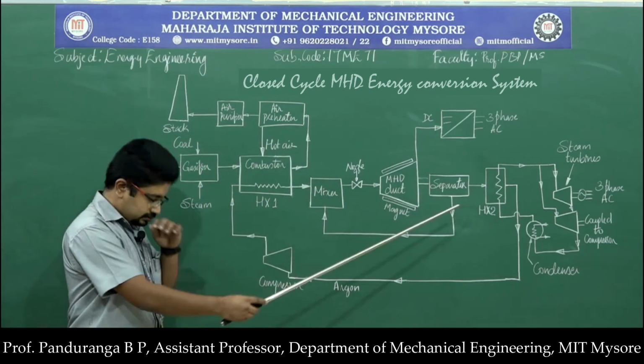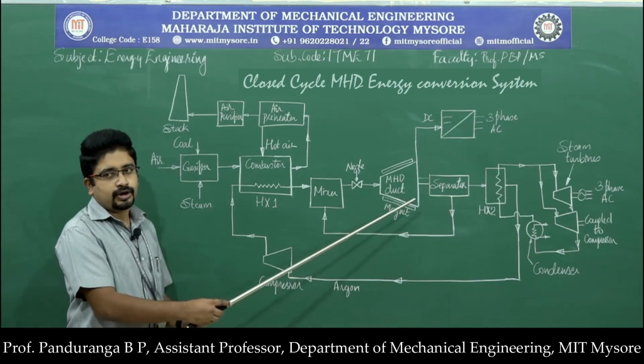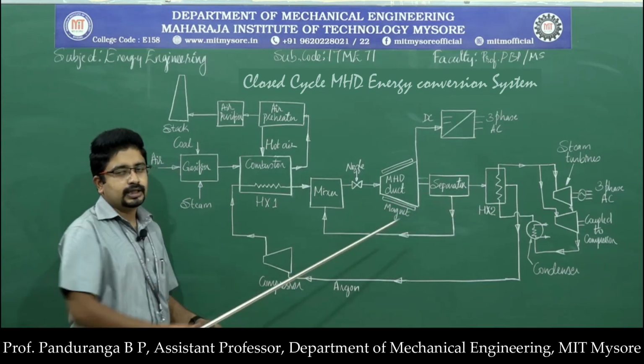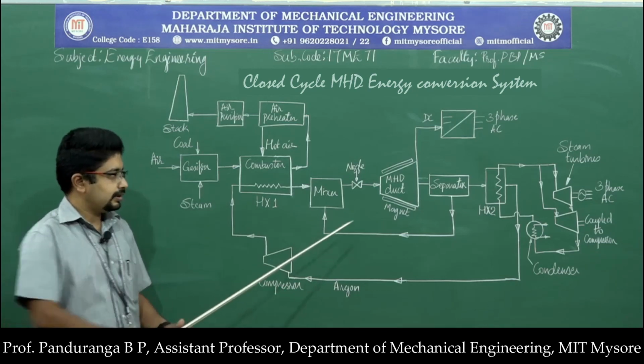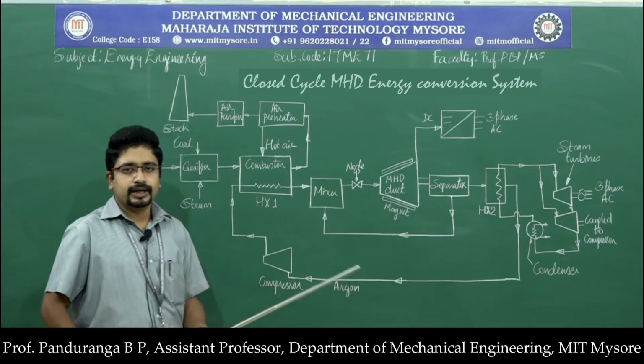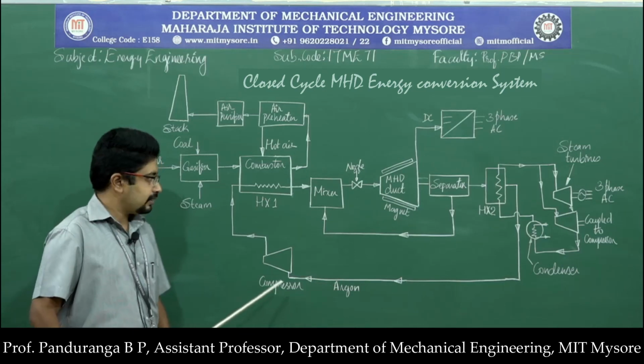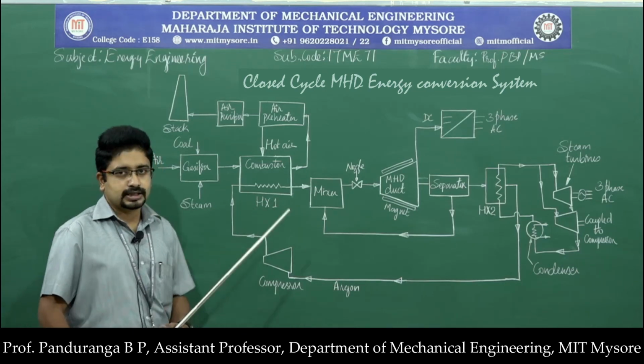So the argon gas coming out of the MHD duct will be at a very low pressure, and the same cannot be supplied to the heat exchanger 1.